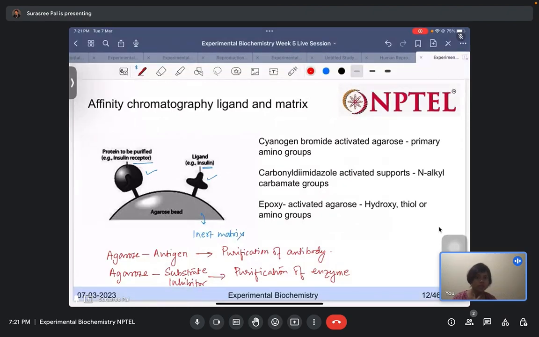So in affinity purification, it depends on the highly specific, high-affinity interaction between the enzyme and the substrate, or the enzyme and the inhibitor, like the antigen-antibody interaction.